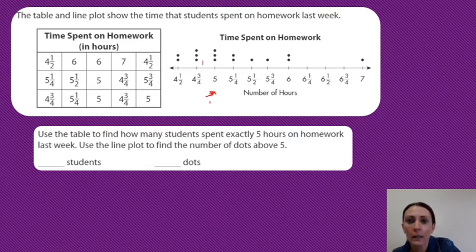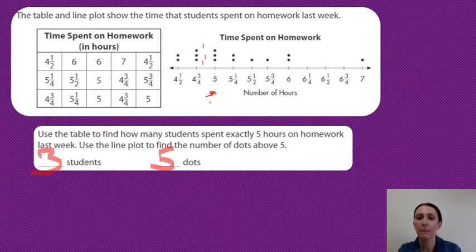There's 1, 2, 3 dots above the 5. So that means exactly 3 students spent 5 hours on their homework last night. So this gets a 3.